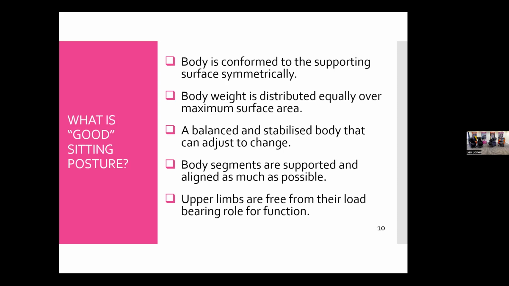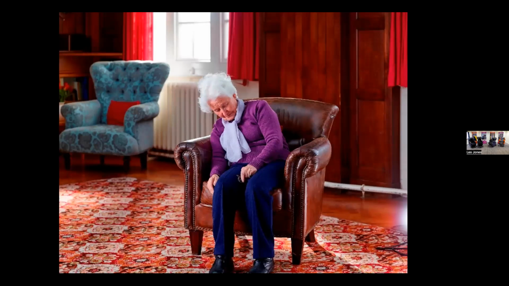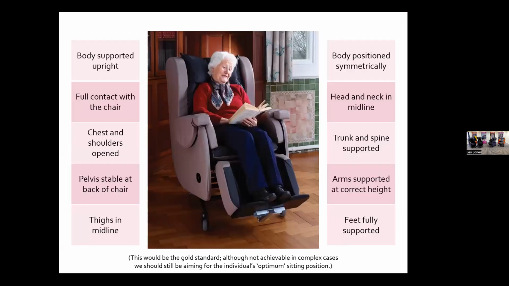Thinking about those body segments, even the feet, because they take 90% of our body weight in sitting, but then the upper limbs being free from that load-bearing role for function. And then ideally we want to see the effects of gravity being addressed and the body supported within the chair, corrected where possible, but if we can't correct, accommodate.